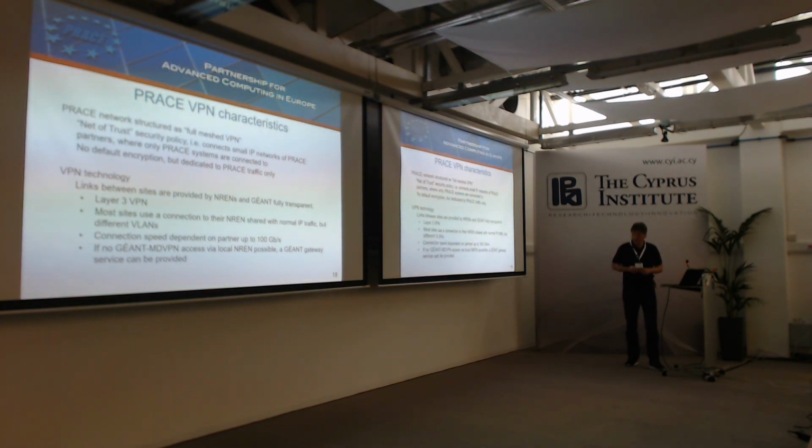The VPN technology, the links between sites are provided by everyone as you know, fully transparent. Most sites use a connection to the admin shared with non-IP traffic, but use different VLANs. Connection speed depends on the partner. It can be up to 100 gigabit. For example, CSCS has 100 gigabit connectivity to their switch, and they can use this.